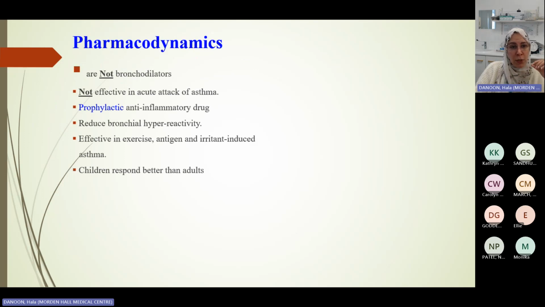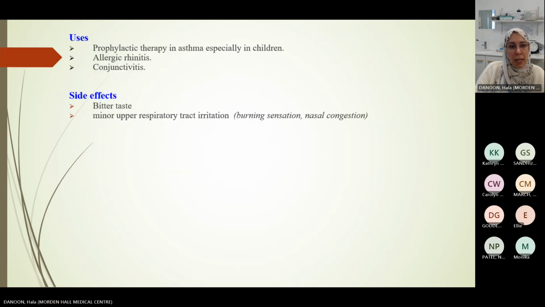They're not effective in an acute attack of asthma because, as we said, it's an anti-inflammatory drug. It reduces bronchial hyperactivity. It's effective in exercise, antigen, and irritant-induced asthma. Children respond better than adults. It can be used in prophylactic therapy, mainly in children, and for allergic rhinitis and conjunctivitis, because they have an antihistamine effect, and that's where they affect the mast cell.